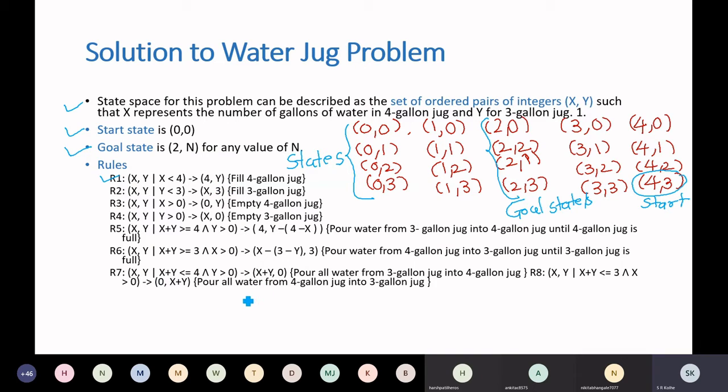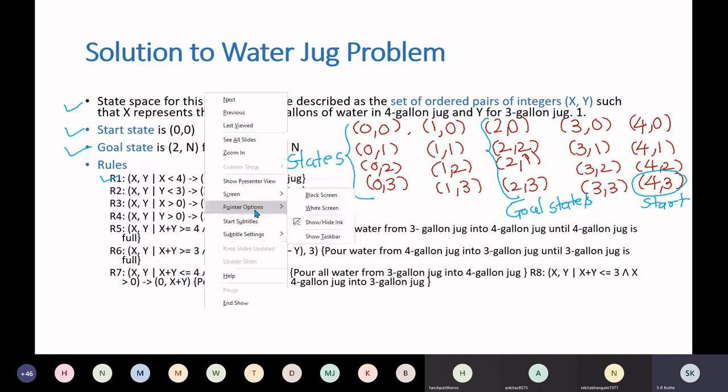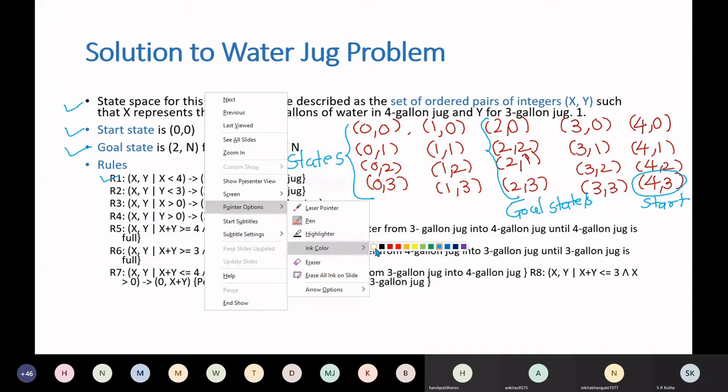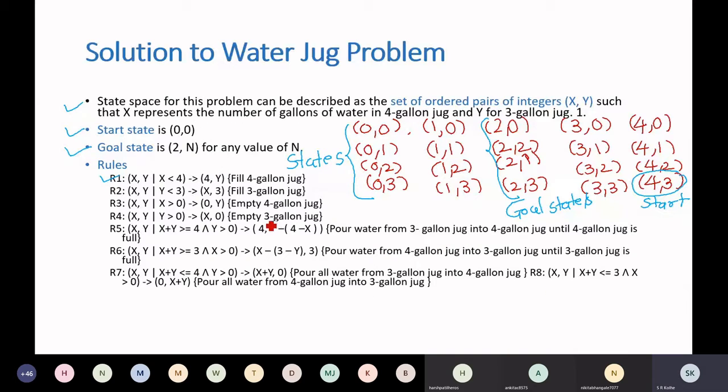Again, come back. x is the water in the 4-gallon jug and y is the water in the 3-gallon jug. Where x is, if this x is less than 4, what is the meaning of this in English?